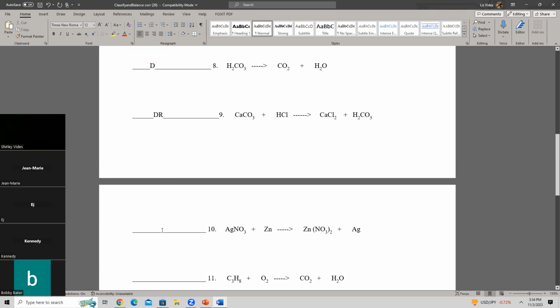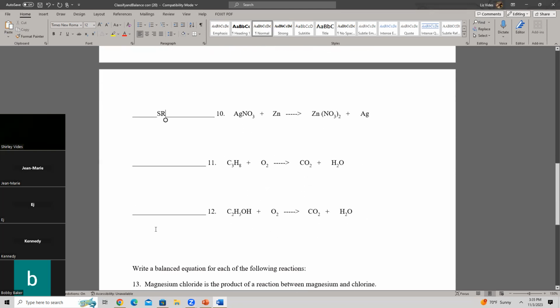What about the next one down? What's going on with that one? Would this be a single replacement? Single replacement, correct, because you have one element completely being replaced by another with no joining of anything else. It's just completely being booted out, basically.